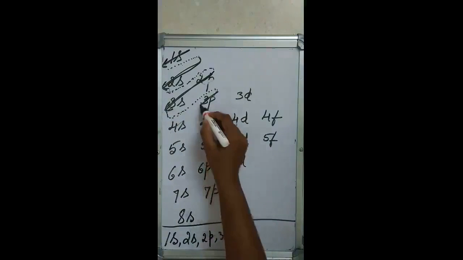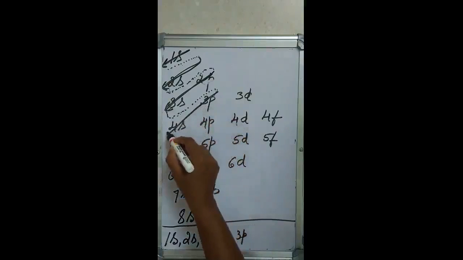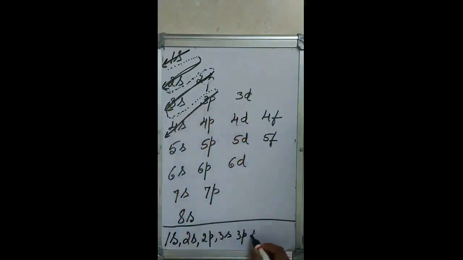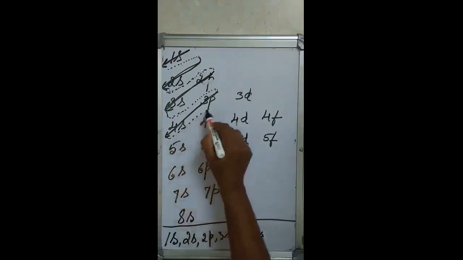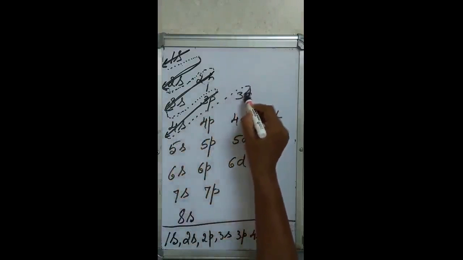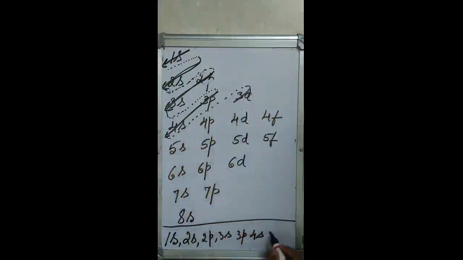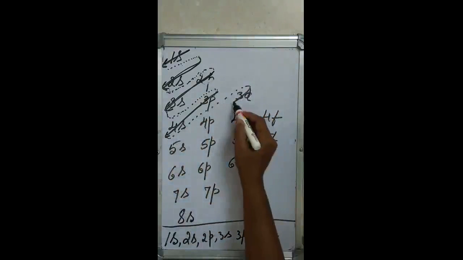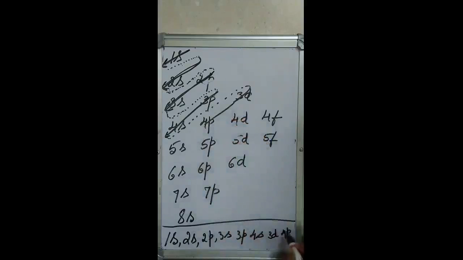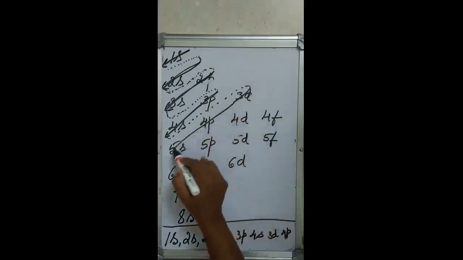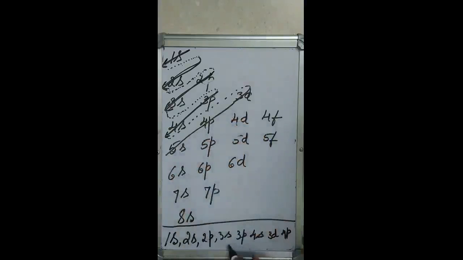Okay, so from 3p to 4s, then again I will put the dotted line, I will go up, then here it is 3d. Then 4p, then it is 5s. So like that we can write increasing order of the energy level.